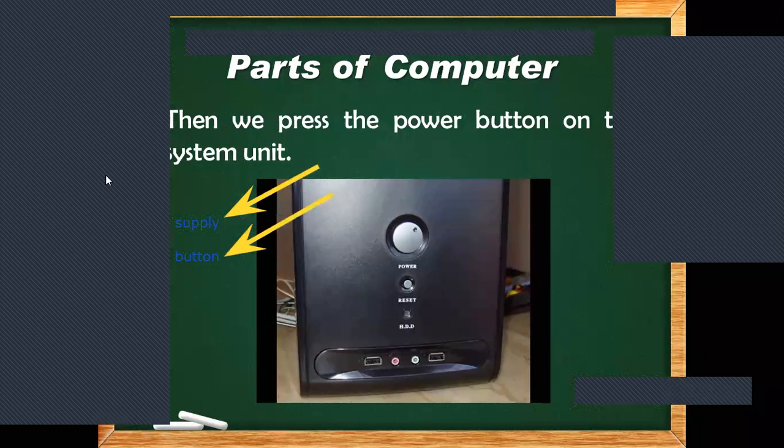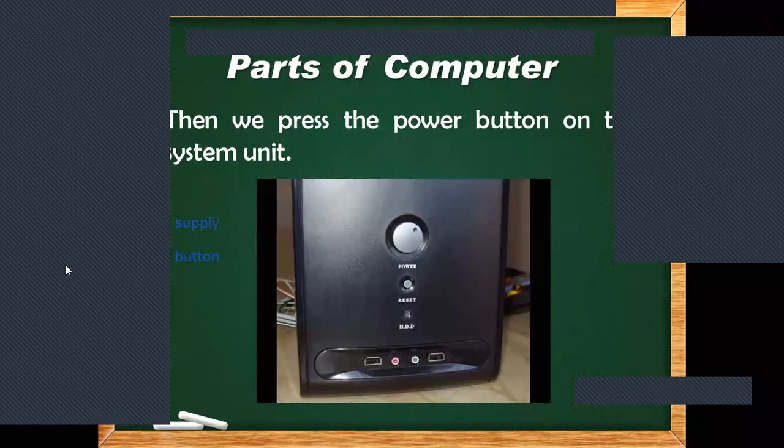Okay, Adam Umar, can you tell me the buttons which we have to press to run the computer? Yes, sir. The power button. Okay, and what is the other one? Power supply. Very nice. The power supply. Okay, very good.